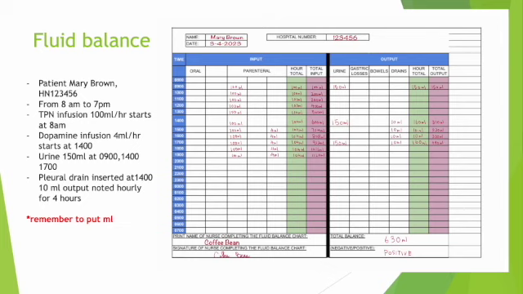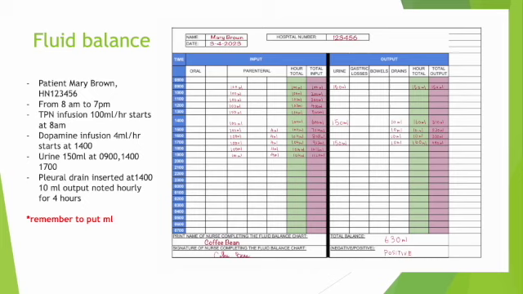So here I put 100 ml, and because I only have to calculate from 8 a.m. to 7 p.m., that's why I stopped at 7 p.m. Okay, if the patient got another infusion, then I have to put it into a different column.